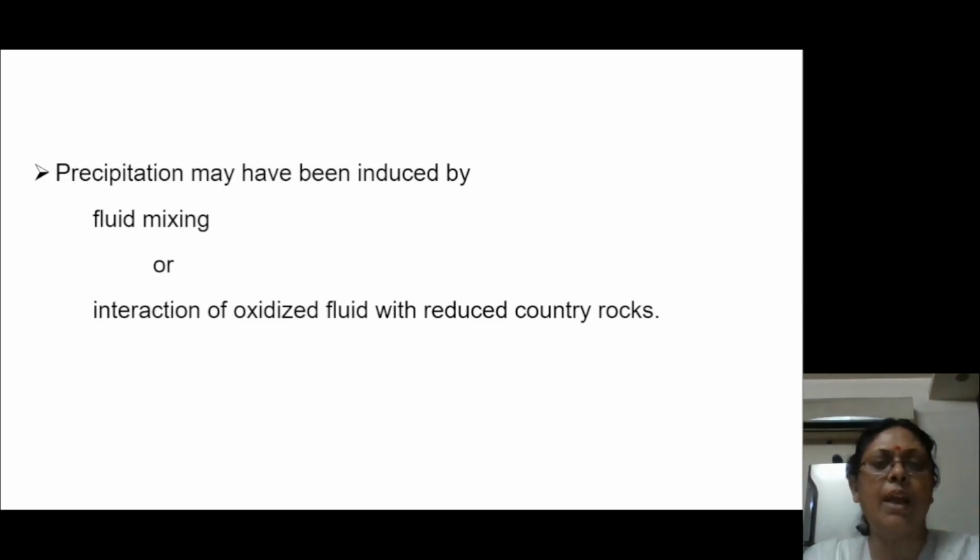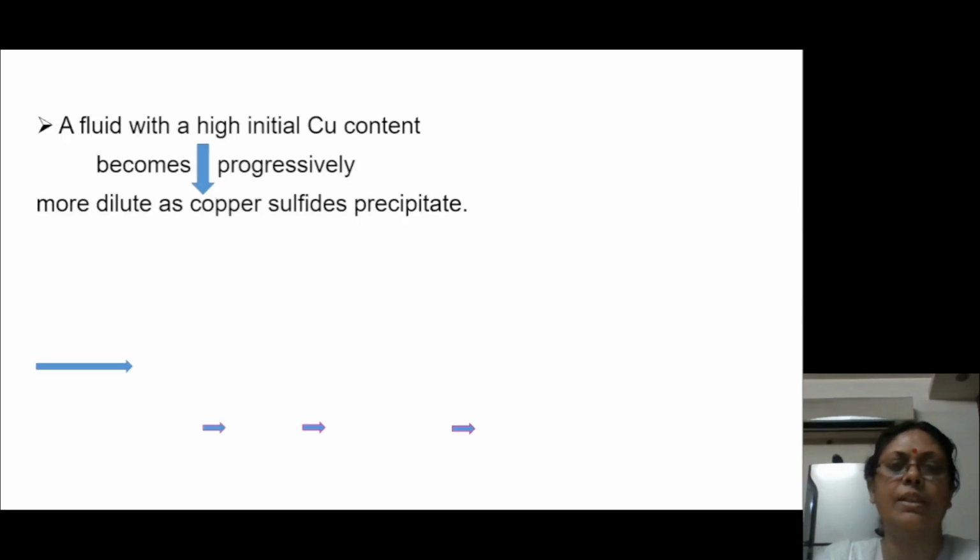Precipitation of the ore may have been induced by fluid mixing so that the solubility of the metal reduces, or interaction of oxidized fluid with reduced country rocks. On encountering reduced rock, the metal precipitates. A fluid with high initial copper content becomes progressively more dilute as copper sulfides precipitate.